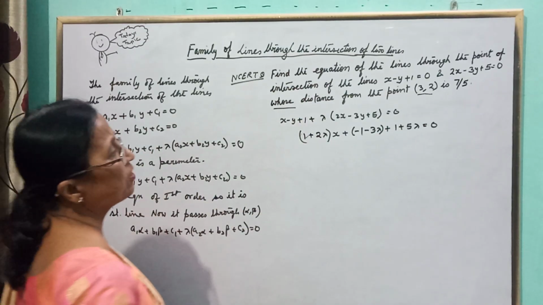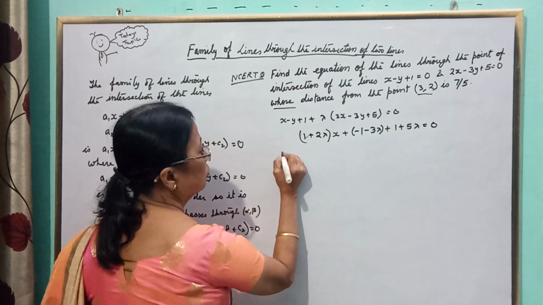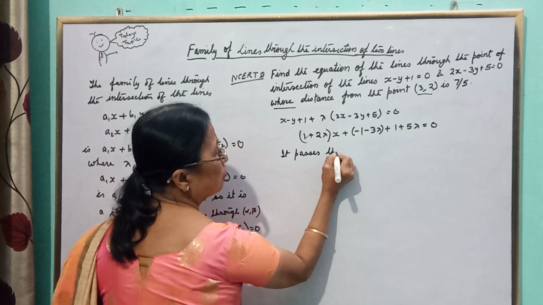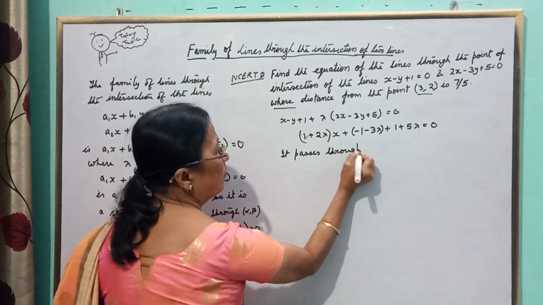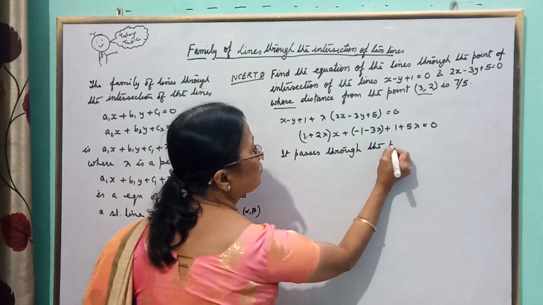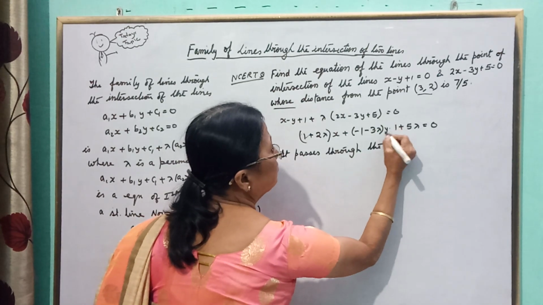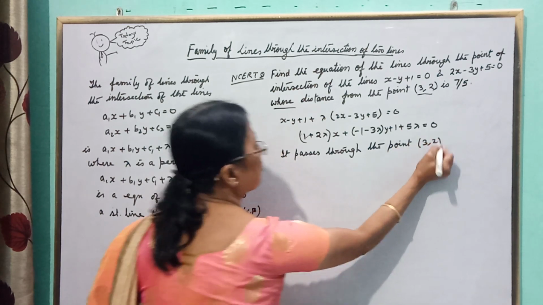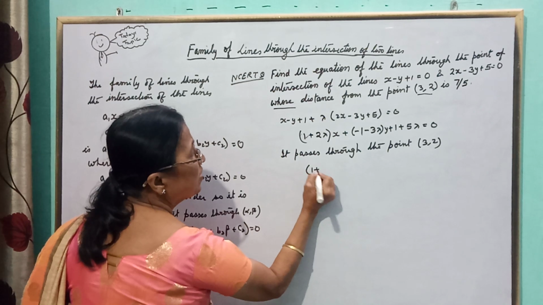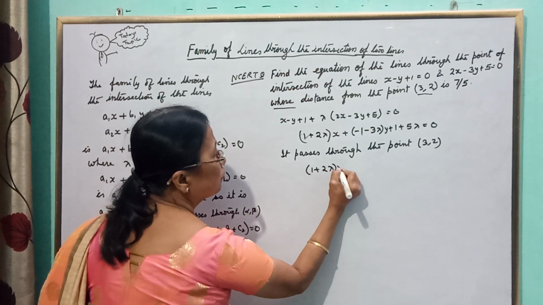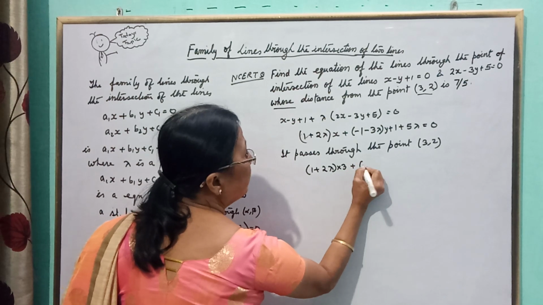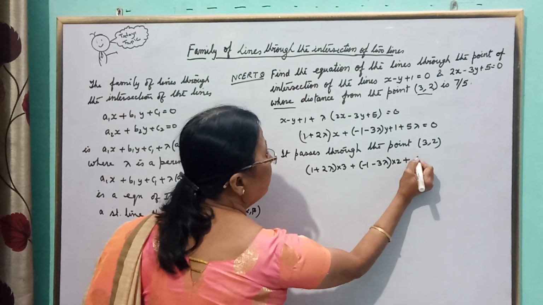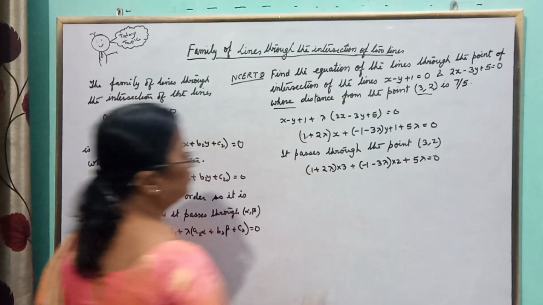Now it passes through the point (3, 2). So I can write (1 plus 2 lambda) into 3 plus (minus 1 minus 3 lambda) into 2 plus 1 plus 5 lambda is equal to 0.